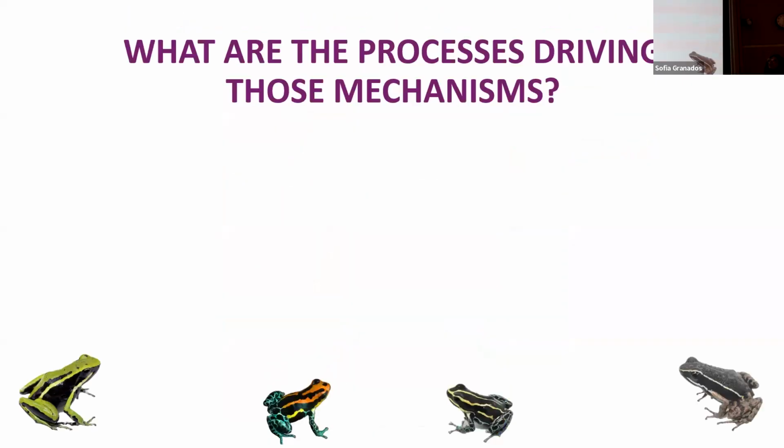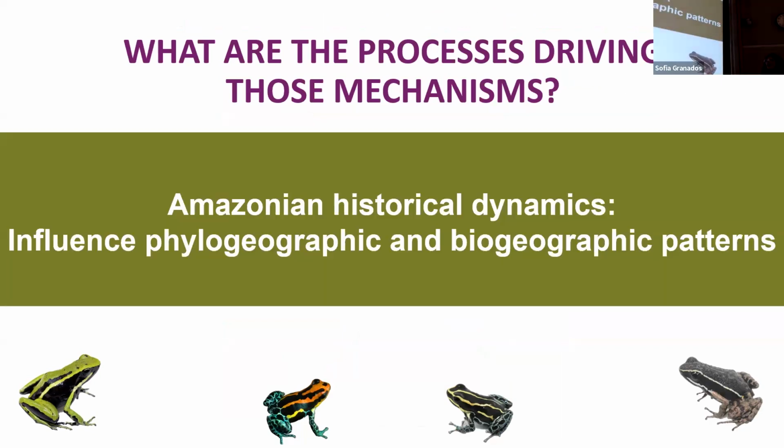So now that we know a little bit more about what happened with these species, I want to understand what the processes were that drove those mechanisms. If we want to understand that, and we're talking about Amazonian frogs, we need to talk about the Amazonian historical dynamics, in order to understand how these dynamics have influenced the phylogeographic and biogeographic patterns of widely distributed species.